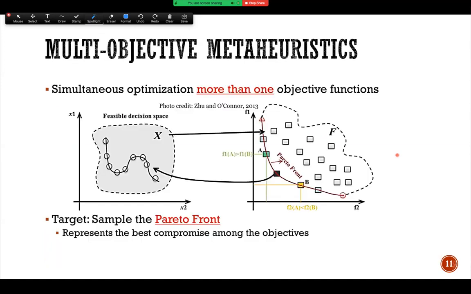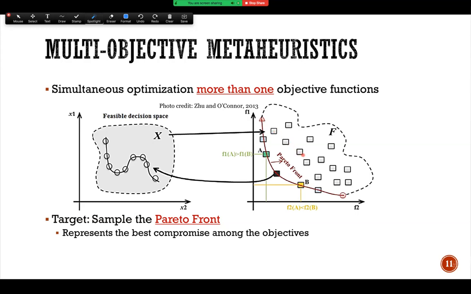A multi-objective meta-heuristic simultaneously optimizes more than one objective function. Here, we see a multi-objective task with 2 decision variables and 2 minimization objectives F1 and F2. A solution can be represented in the objective space using its objective values. In this context, a solution is called dominated by another solution if it is not better in any objectives and is worse in at least one objective than the other solution.